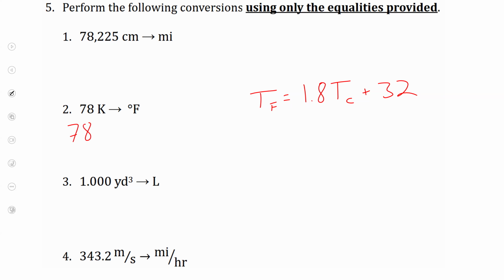So 78 Kelvin. Remember, temperature in Kelvin equals temperature in Celsius plus 273.15.